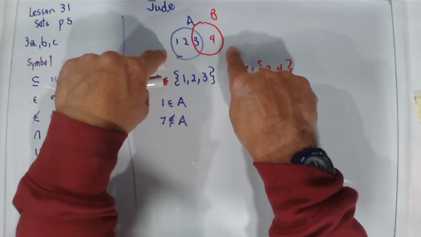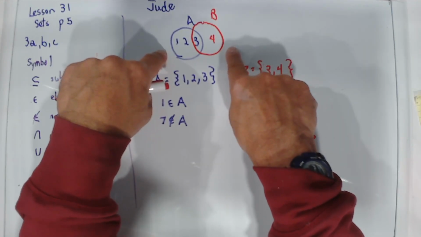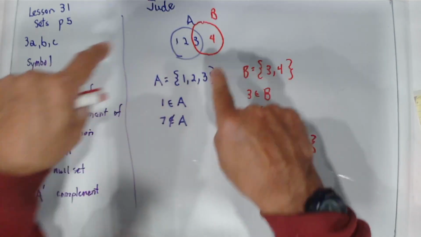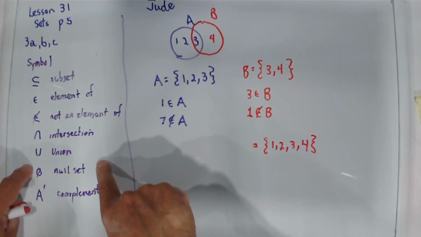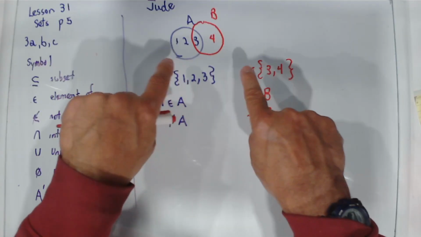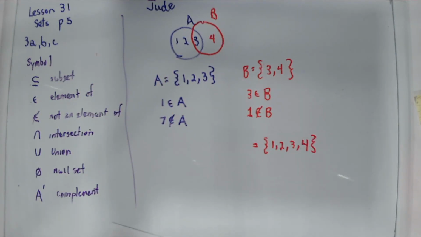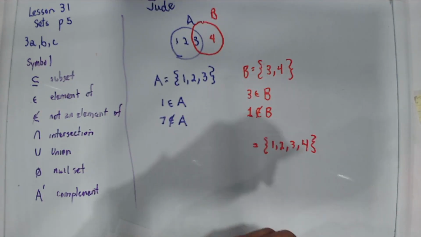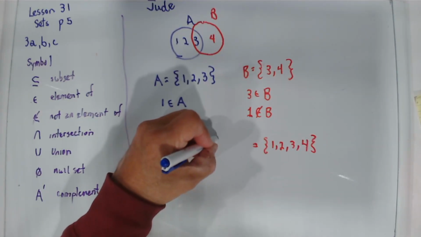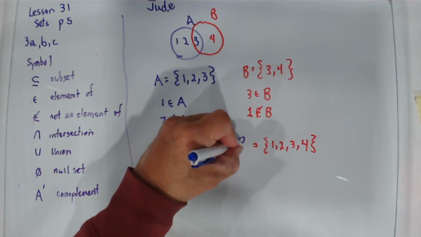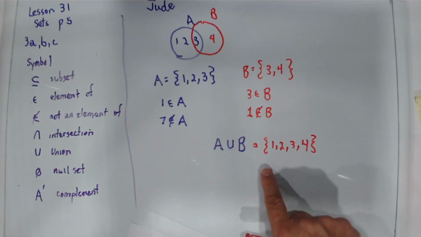What did I do? I ended up combining the two sets, and that's called a union. A union is when you combine all the elements between the sets that you're talking about. So I would write this as A union B is equal to 1, 2, 3, 4.